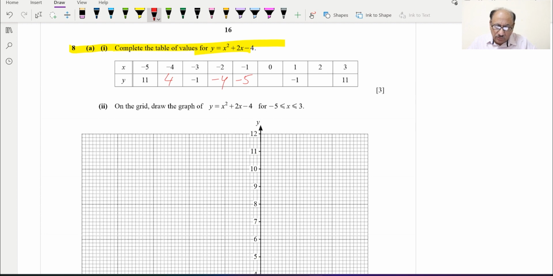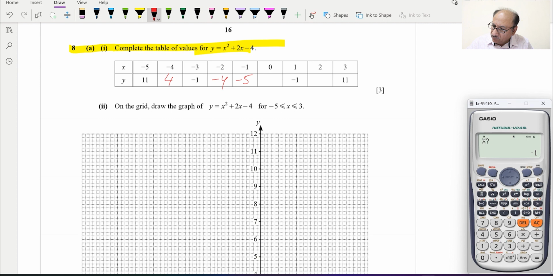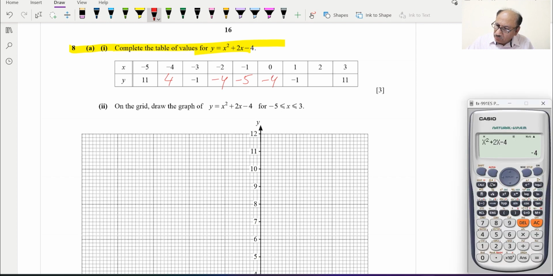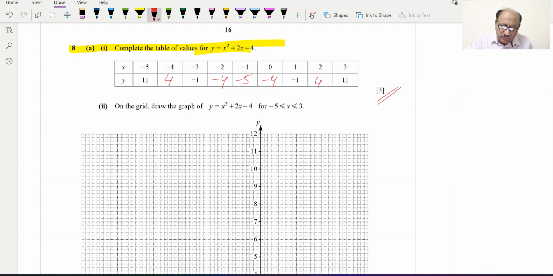Then calculate for 0, which gives us minus 4. Then calculate for 2, the last value, which gives us 4. So the table of values is complete, which is for 3 marks. It's very easy by using a calculator.